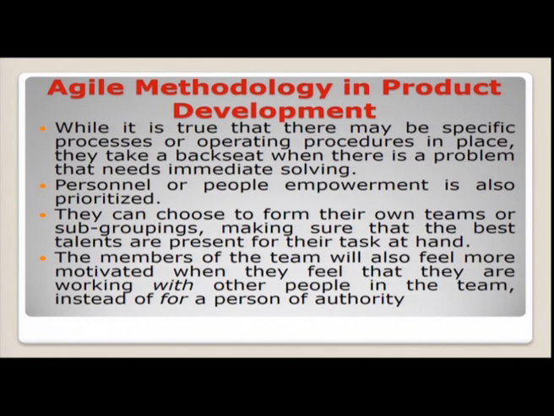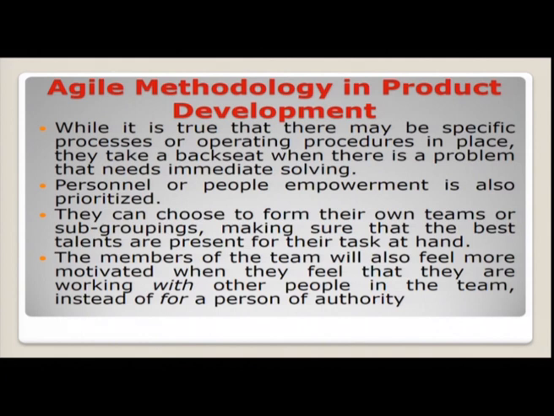In the Scrum framework, you have two backlogs: one is called the sprint backlog, the other is the parking lot. If a requirement is not immediately required, we move it to the parking lot. We take up whatever is required, and that is how we prioritize the requirements and give attention to solving the immediate issues, when there is a problem that needs immediate solving.